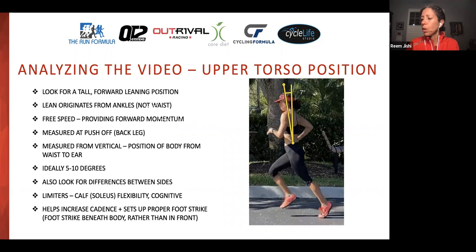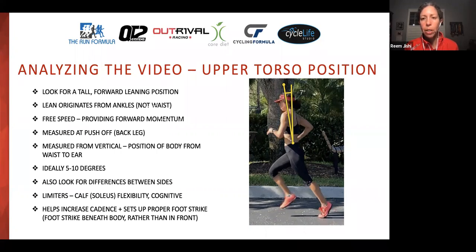Okay, next one is the upper torso position. We are looking for a nice, tall position, but with a forward lean. It's not a massive lean. We're talking 5 to 10 degrees. In this picture, I have a 7-degree lean. I'm looking from vertical to basically my ears.